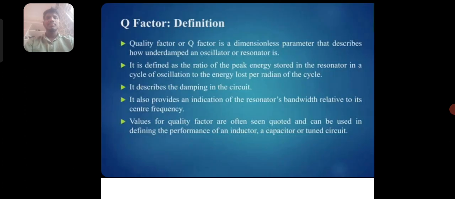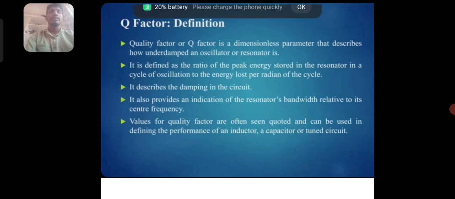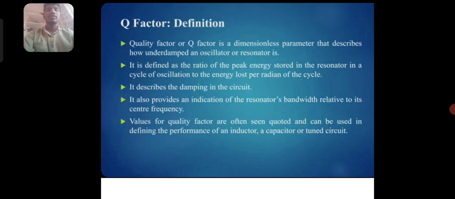And next, here we can see the Q factor definition. Quality factor or Q factor is a dimensionless parameter that describes how underdamped an oscillator or resonator is. It is defined as the ratio of the peak energy stored in the resonator in a cycle of oscillation to the energy lost per radian of the cycle.